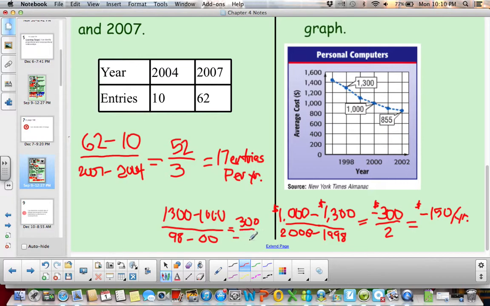There's our negative. 300 divided by negative 2, you would still get negative $150. It's better to take the higher year minus the lower year, or the higher number on the x-axis. But if you switch it around, just make sure that both the numerator and the denominator correspond with each other.